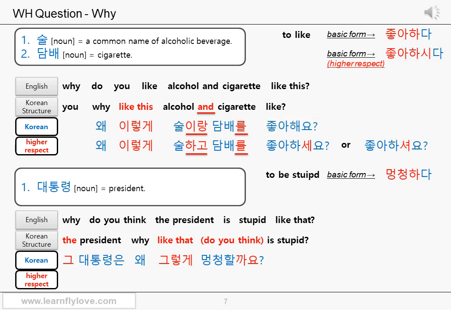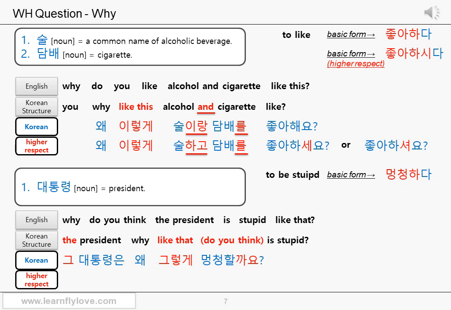Like, 좋아해요. It's a question. 좋아해요? So, 왜 이렇게 술이랑 담배를 좋아해요? 왜 술이랑 담배를 이렇게 좋아해요? Is okay too. Let's turn this sentence into a higher respect form.